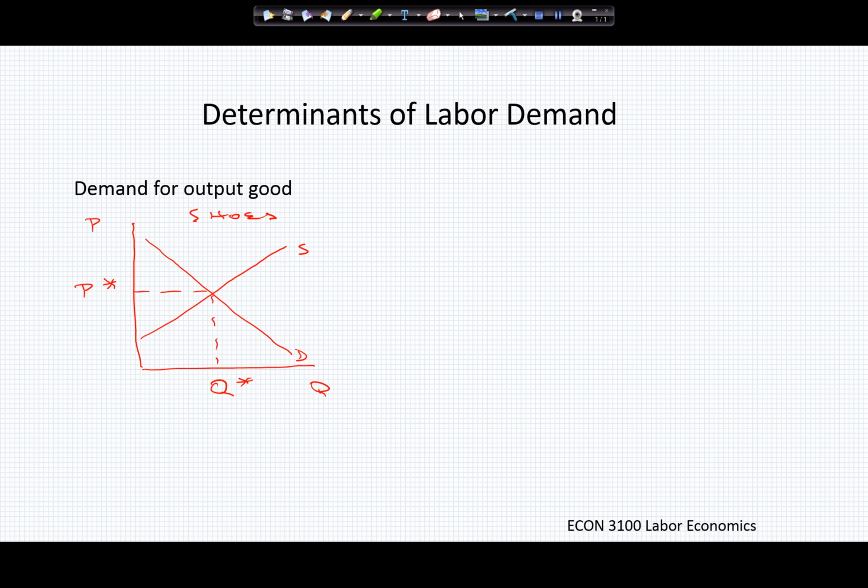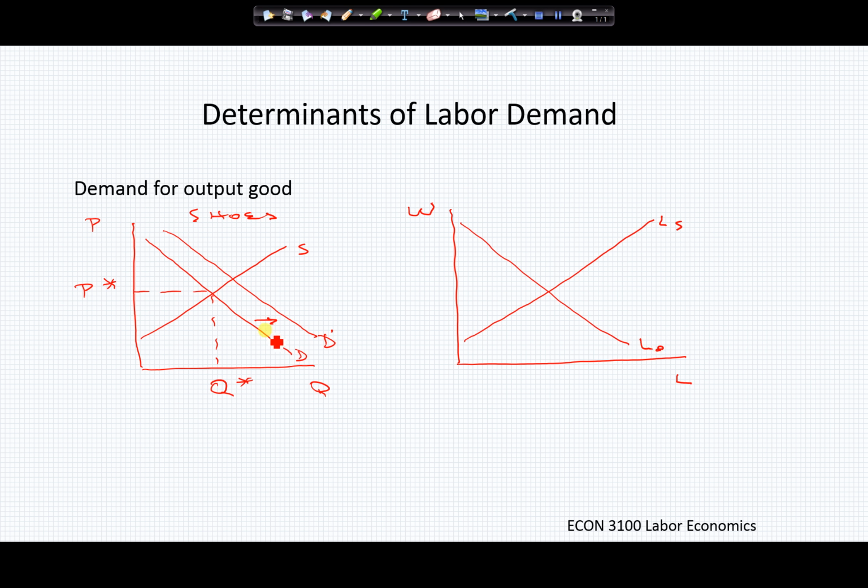Well, if the demand for shoes rises, we've gone from D to D1, then we would expect that the demand for labor as an input would also rise. So if we then had wage and labor, and we had some supply of labor and some labor demand, if the demand for the output good rises, then we would similarly expect an increase in the demand for the input factor as well.